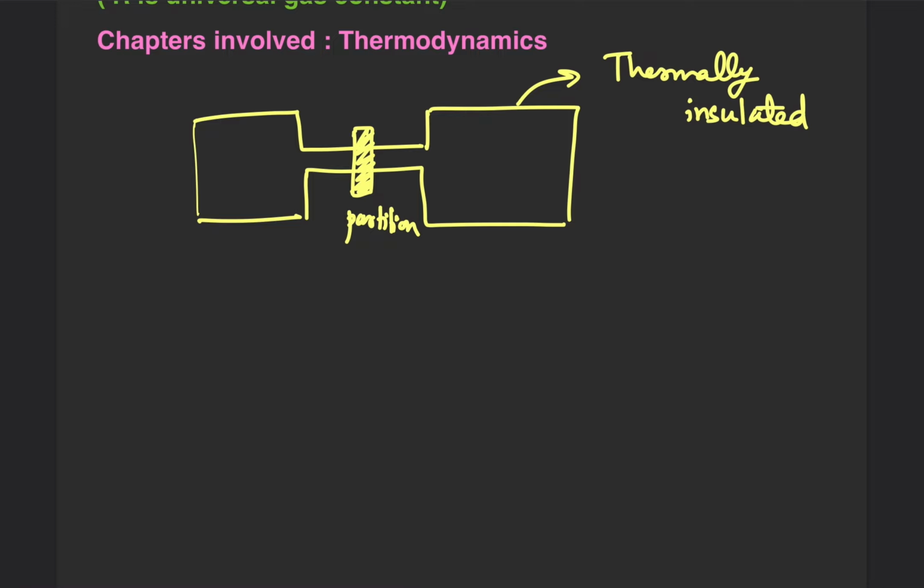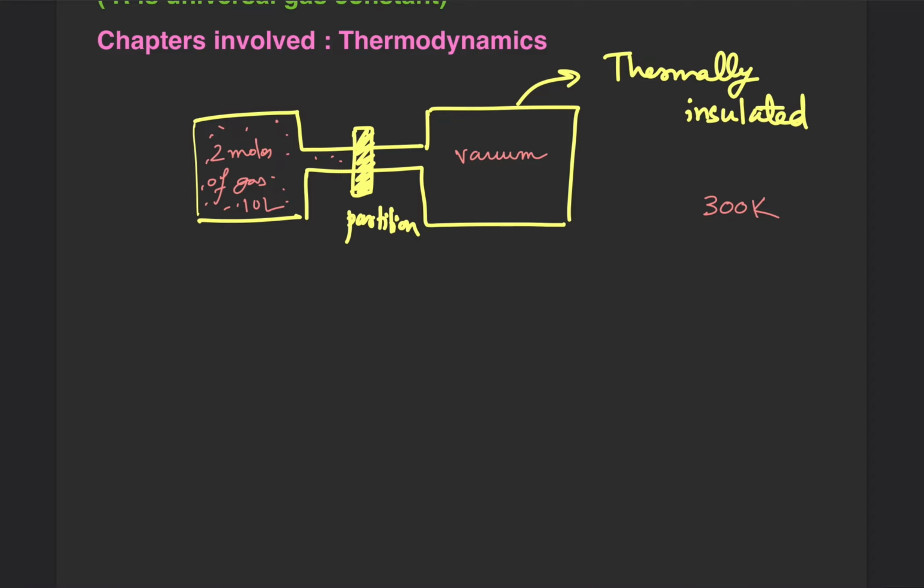Here we have taken 2 moles of gas and volume is 10 liters. So here we have the gas, and there is a partition, and here we have vacuum. Okay, and these things are at 300 Kelvin.